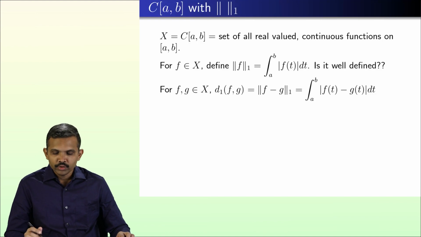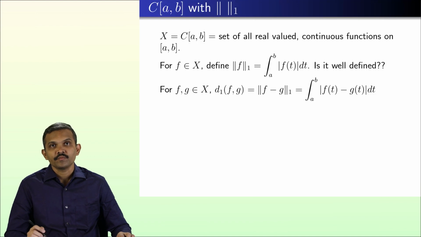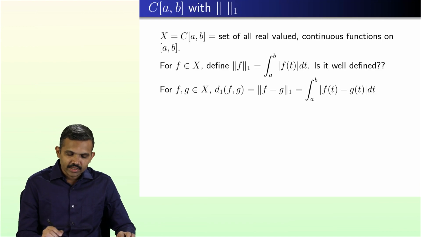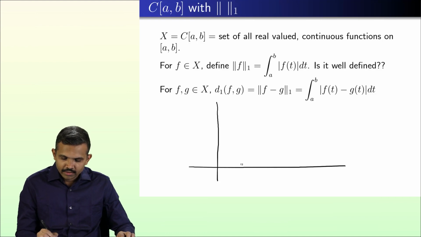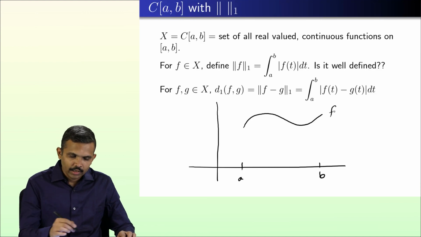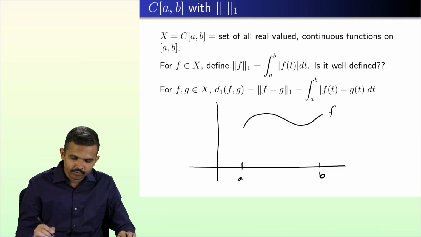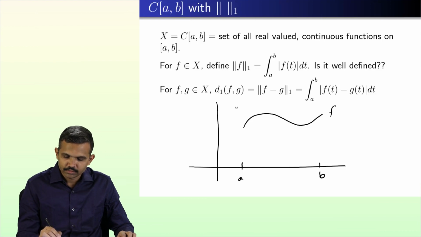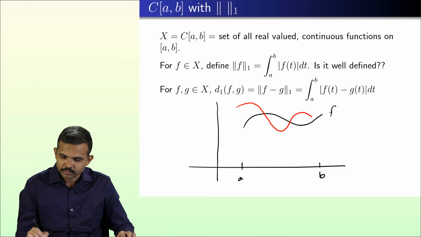Now, we would like to even know what geometrically this means. So, for that let us take say two functions f and g, and let me take an interval a to b here. Now, let us have the curves of f and g. This is the curve of f that I can have, and let me draw a curve of function g, something like this. So, this is the function g.